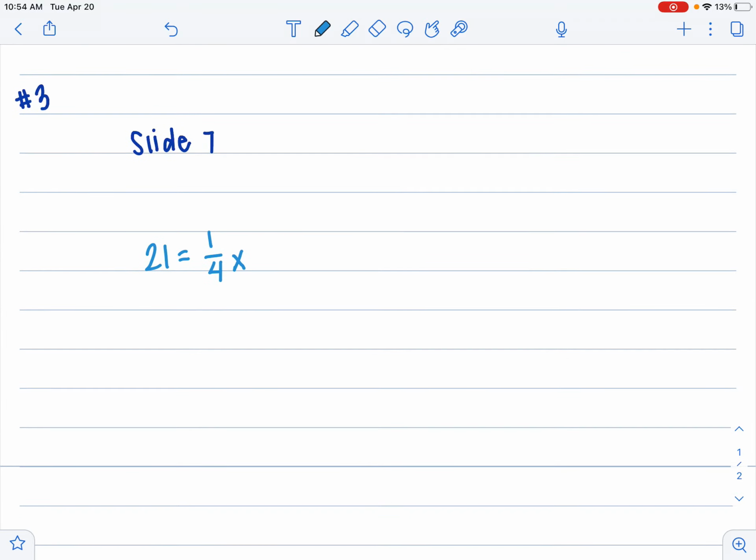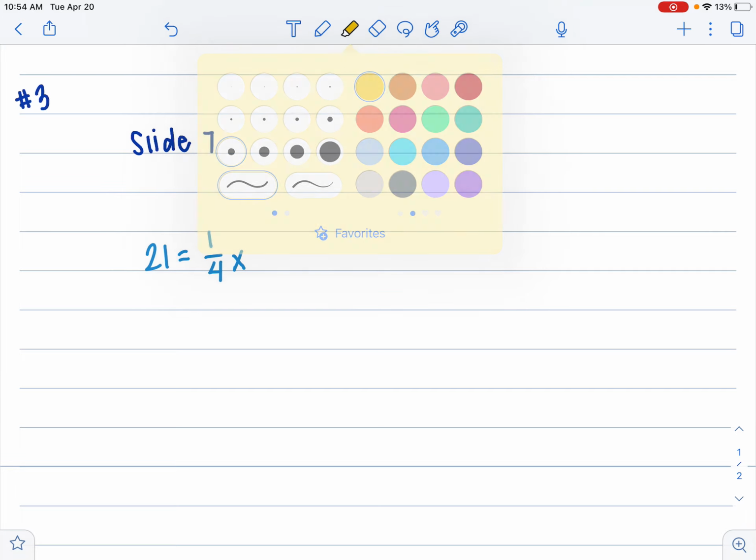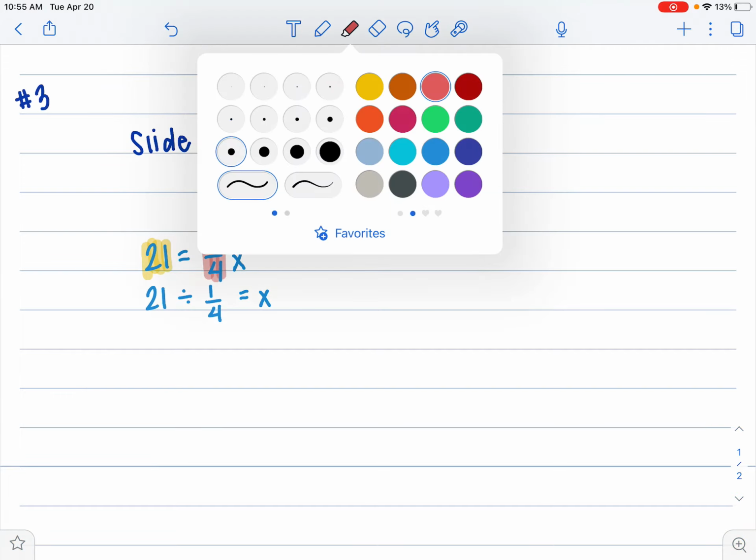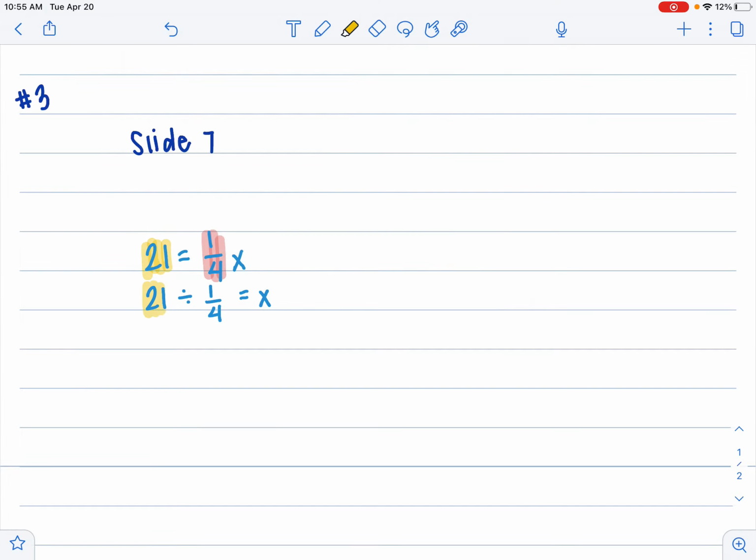So let's think about it. If I know that 21 is equal to 1/4 times x, I also know that 21 divided by 1/4 is equal to x. Because again, I'm taking my product, 21, dividing it by one of the factors I know, and that will be equal to my missing number.